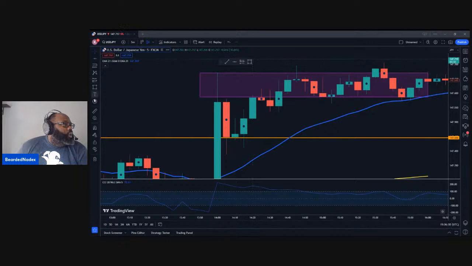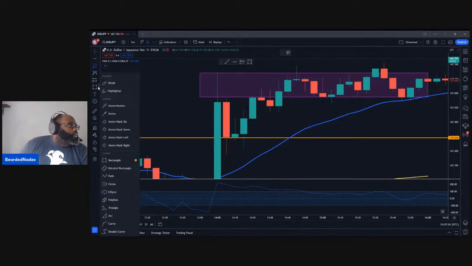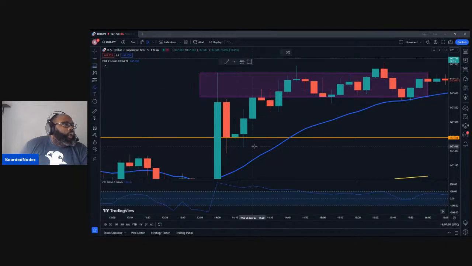Sorry, actually, let's draw. Dang, none of my drawing tools, my stuff is all messed up. I have to choose a highlight. Okay, so if we see here, actually it's highlighted.